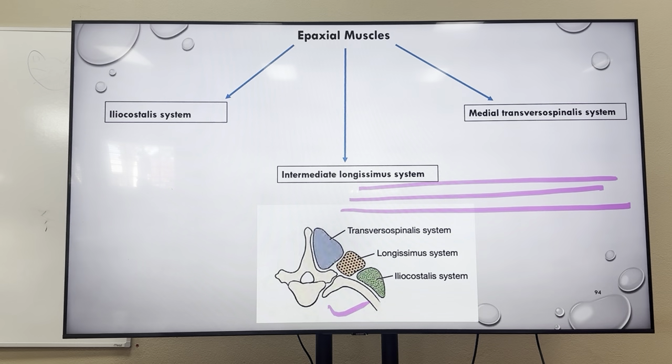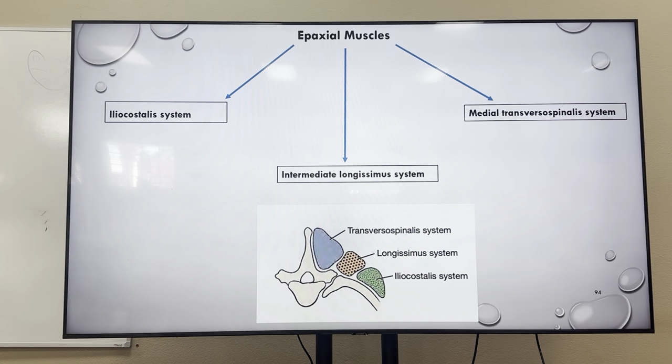They are parallel to one another. So let's see. This. This. And this.